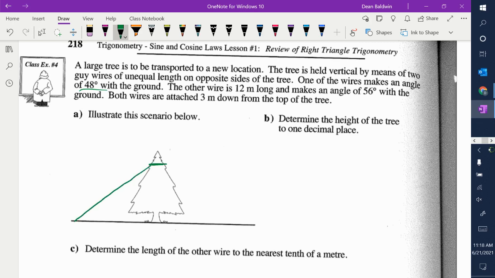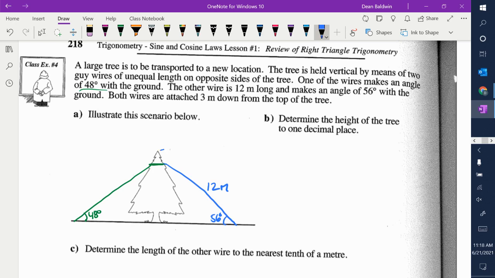So this one makes an angle of 48 degrees with the ground. The other one makes an angle of 56 degrees with the ground. And it's 12 meters long.